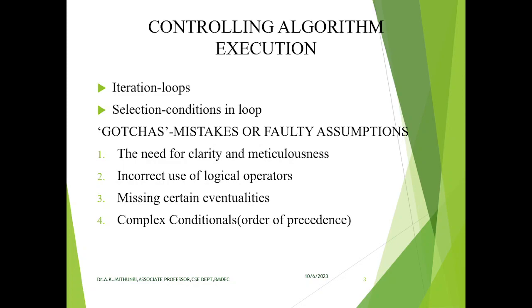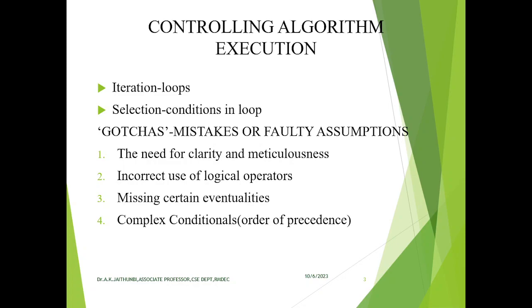If you don't know in advance how many times it will execute and it enters the loop only based on a condition, then we'll go for a while loop. In certain cases you want the set of statements within the loop to be executed at least once, we'll go for a do while loop. Then we have selection.